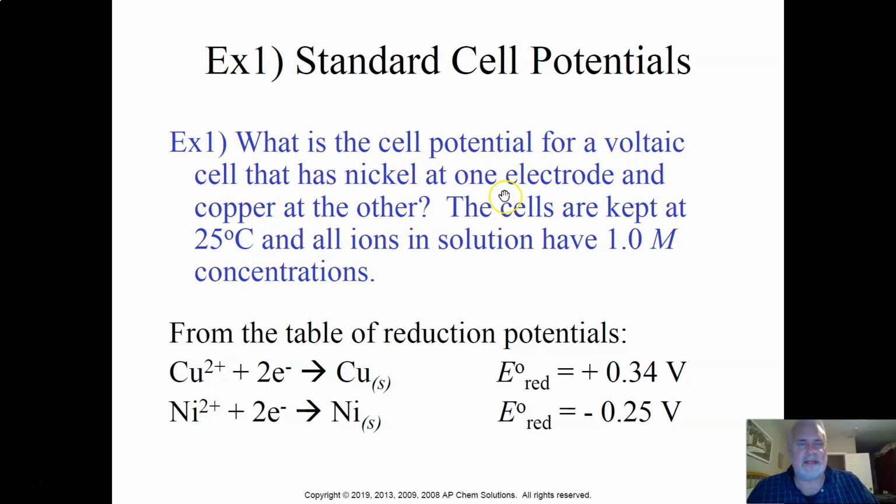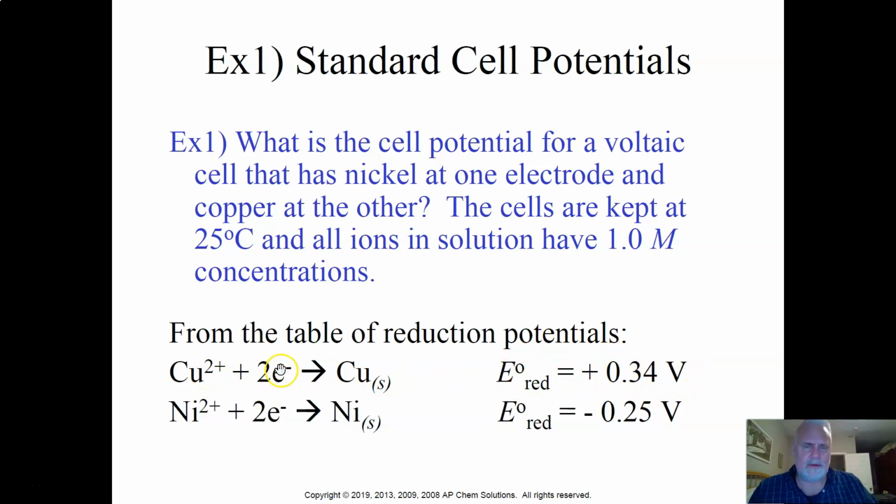So if you were going to say, what is the cell potential using these two, right away, you would look at, you're given two reduction potentials, and this is the one that's going to be reduced, okay? Because it's a bigger number.